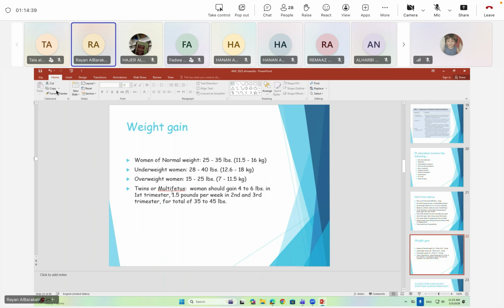In case of twins or multi-fetuses, women should gain an extra 4 to 6 pounds in the first trimester and 1.5 pounds per week in the second and third trimester, for a total of 35 to 45 pounds, meaning around 17 to 22 kgs in the pregnancy.